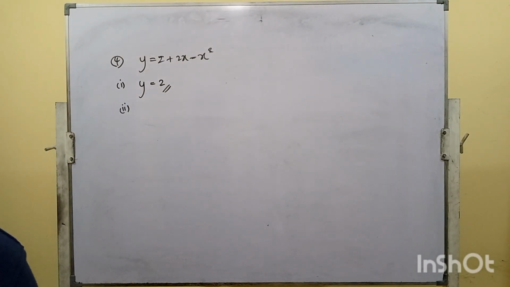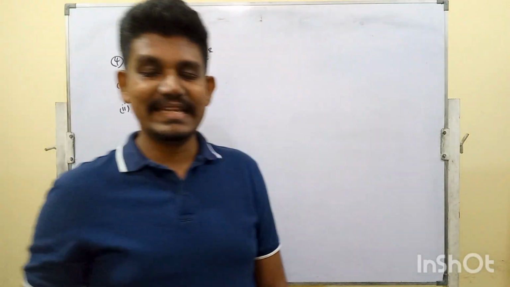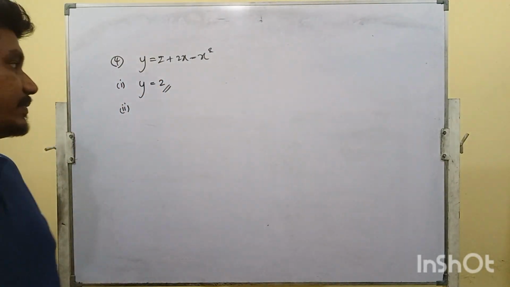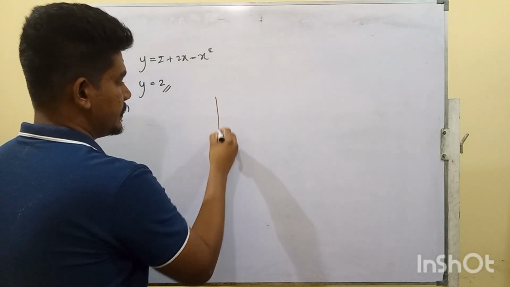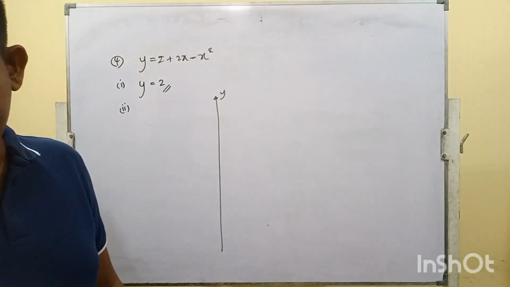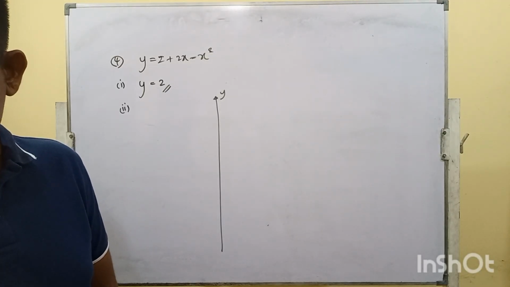Roman number 2: draw the graph of the function on the paper, taking 10 small divisions on each axis, x and y. This is how we are drawing it on graph paper, from minus 6 to plus 3.